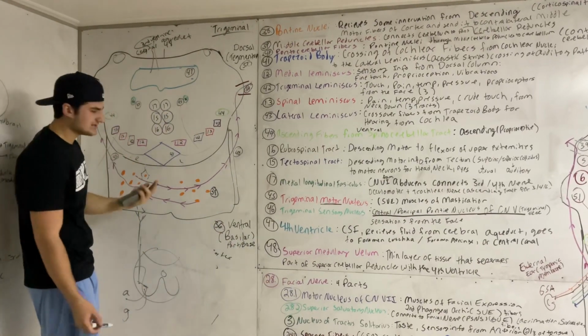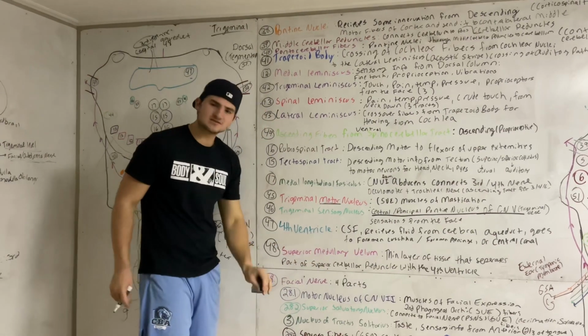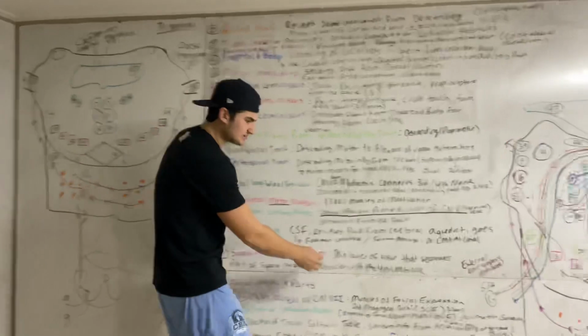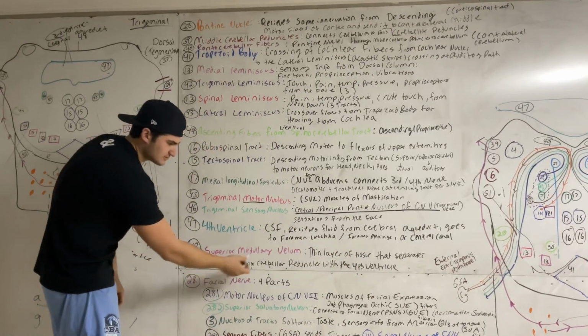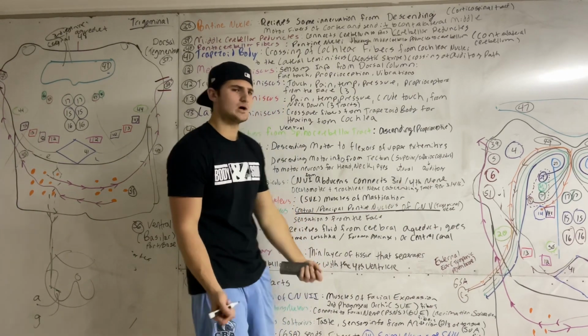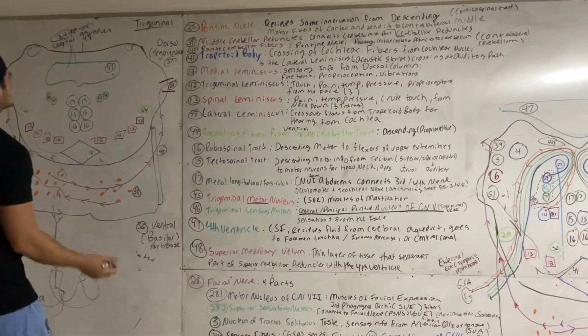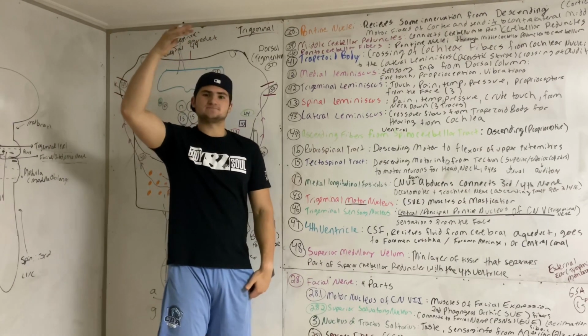Okay, 48 is known as the superior medullary velum. All this is, very simple, is a thin layer of tissue that separates the superior cerebellar peduncles from the fourth ventricle. Whoa, why the superior cerebellar peduncles? Okay, what is above the trigeminal region?